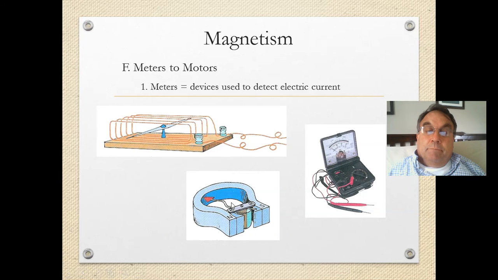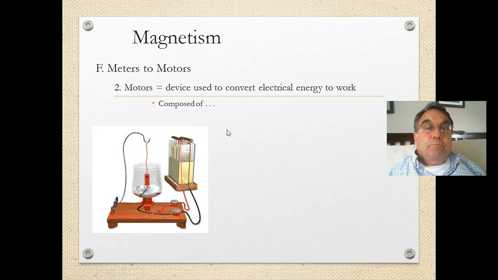Now, if it's caused to move, and then the current is interrupted, and as it comes around it's caused to move again and again, and it progressively gets faster and faster, you no longer have a meter, you now have a motor.